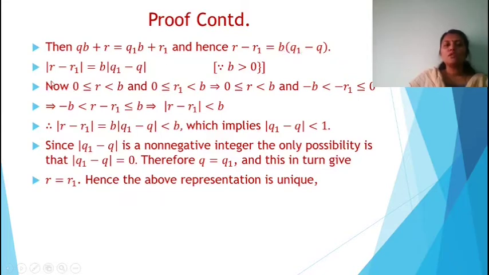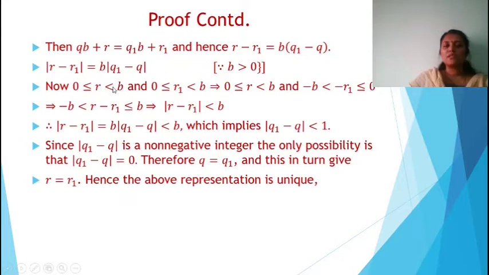If we take the modulus, modulus of r minus r1 is equal to b into modulus of q1 minus q. Since b is greater than 0, the modulus of b is the same as b. Now we have 0 less than or equal to r less than b, and 0 less than or equal to r1 less than b, the two remainders.